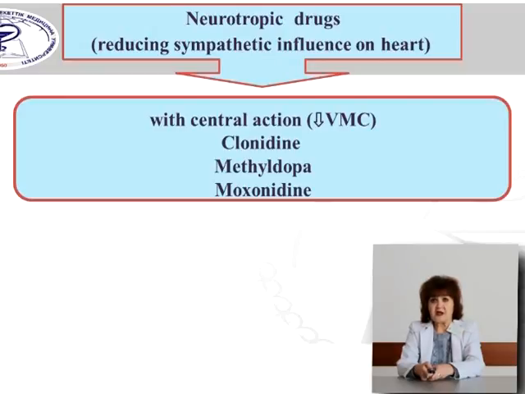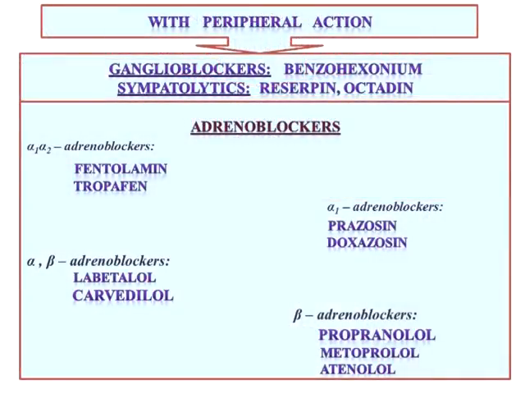This group of drugs includes clonidine, methyldopa, and moxonidine. And neurotropic drugs with peripheral action include ganglioblockers, for example, benzohexonium. Sympatholytics include reserpine and octadine.